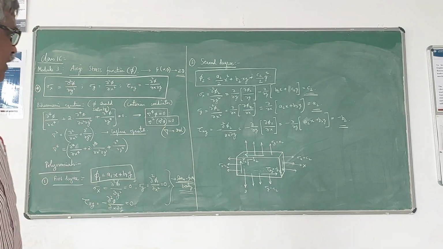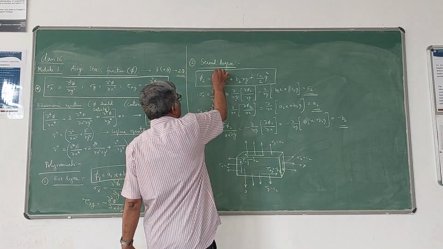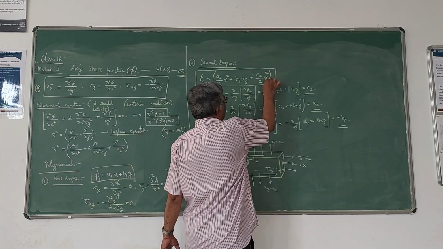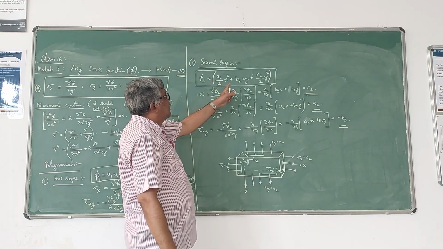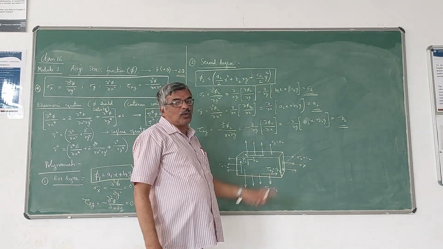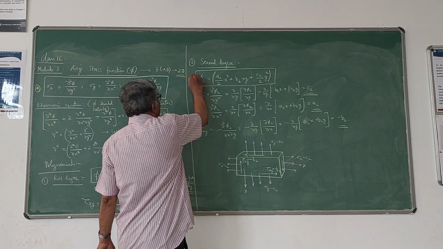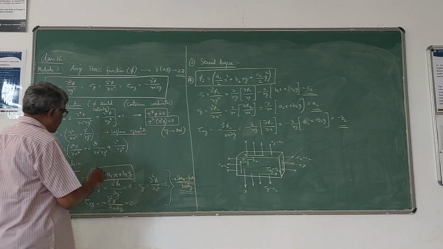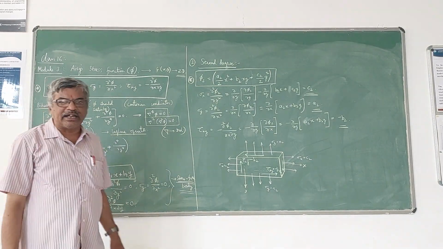That is the meaning. Now the second degree polynomial is expressed like this. Phi 2 stands for the second degree: a2 by 2 into x square plus b2 into xy plus c2 by 2 into y square. This is the second degree polynomial. In the examination, they will ask you to plot the stress distribution for a second degree polynomial.